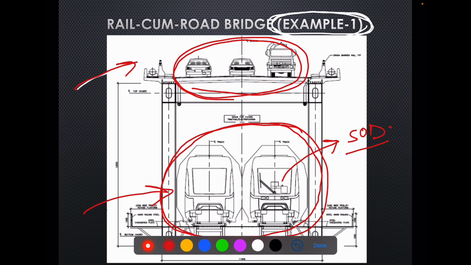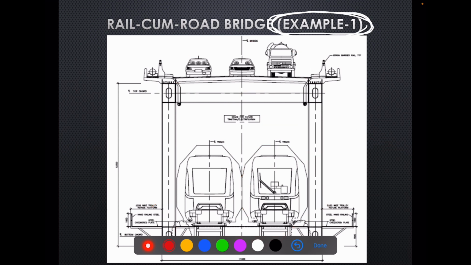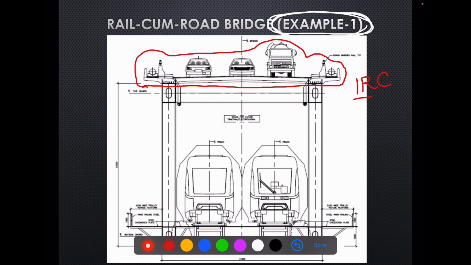However, for road bridges, road authorities publish special publications where they mention the kind of deck arrangement you have to keep for a certain class of highway. So in India, there is an organization called IRC, Indian Roads Congress, and they publish special publications.